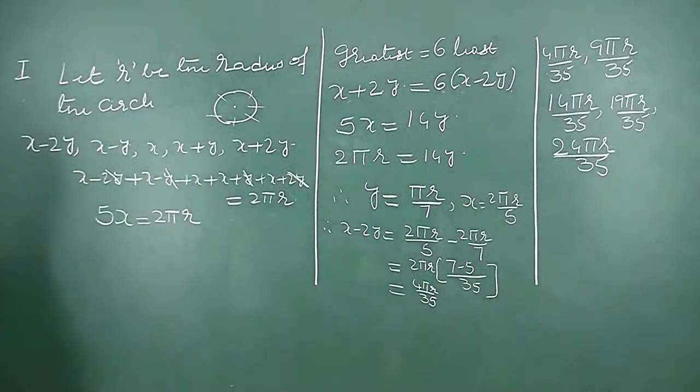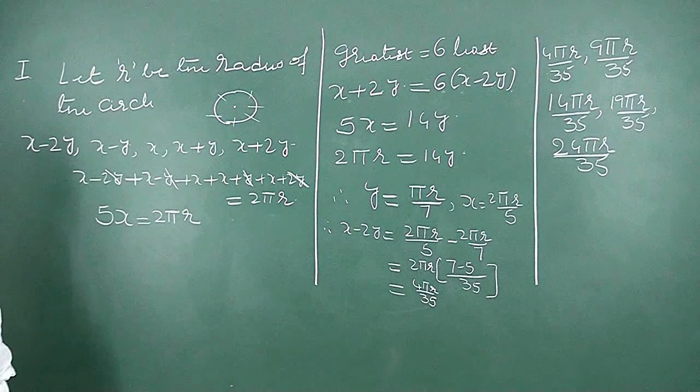So these are the 5 parts of the circumference. That means the lengths of the arcs are 4 pi r by 35, 9 pi r by 35, 14 pi r by 35, 19 pi r by 35, and 24 pi r by 35.